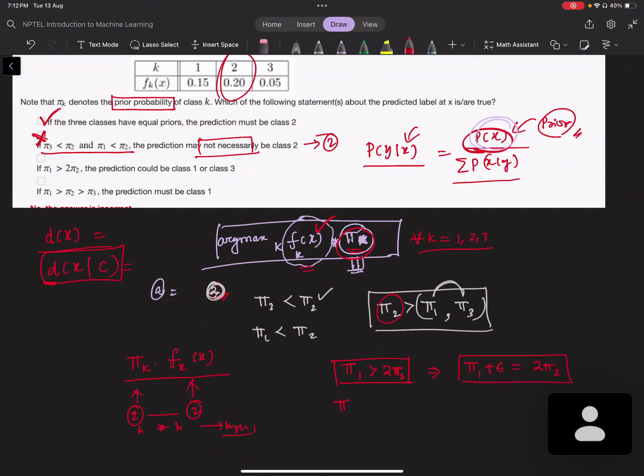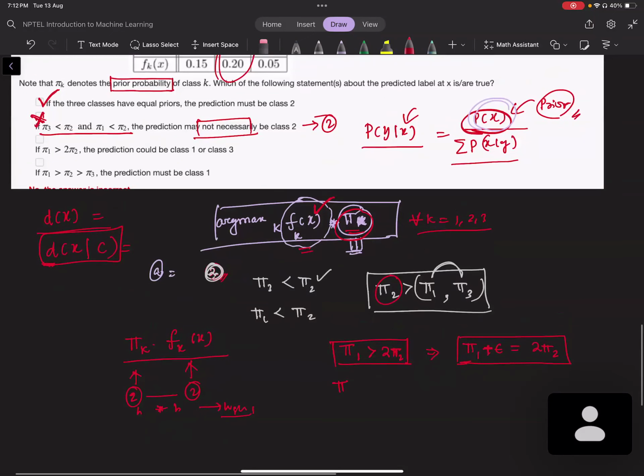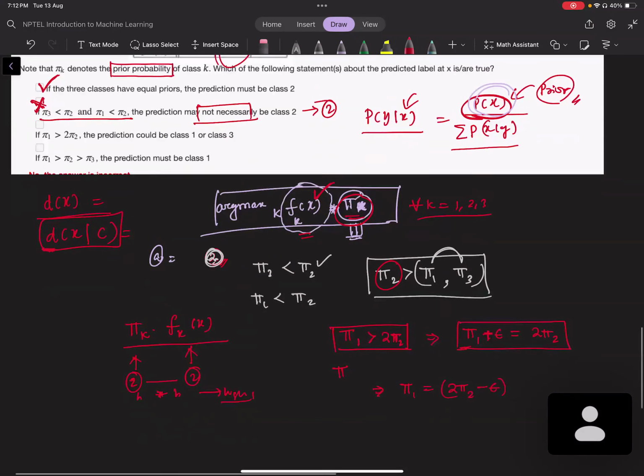That means if I just add some very small epsilon, let the equality hold at that, then pi 1 would be 2 pi 2 minus epsilon, right?